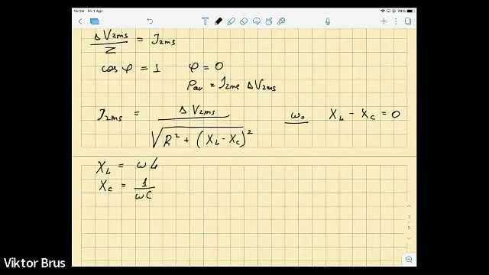So we see here that with increase of frequency, inductive reactance increases and capacitive reactance decreases.